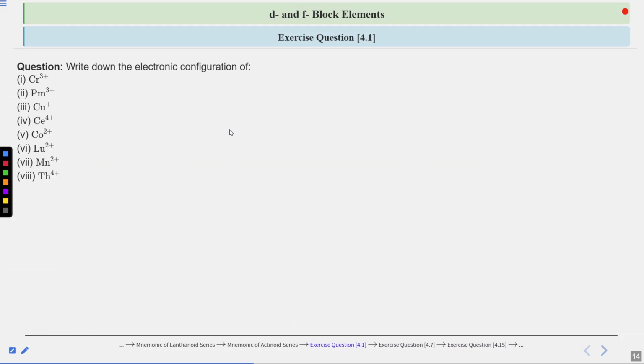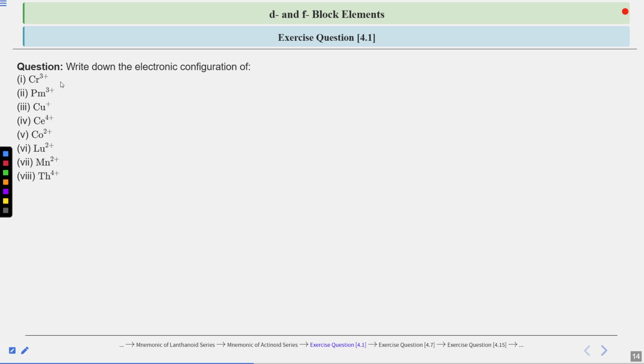Okay, let's practice exercise question which is marked as 4.1. The question is, write down the electronic configuration of. So we have given some parts of this question and you have to write down the electronic configuration of each ion. First is chromium 3 positive, then PM 3 positive, right?